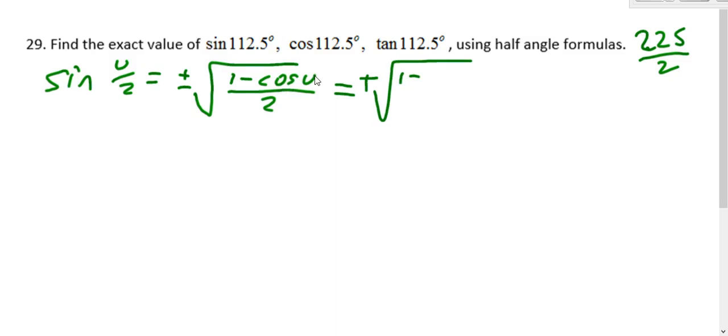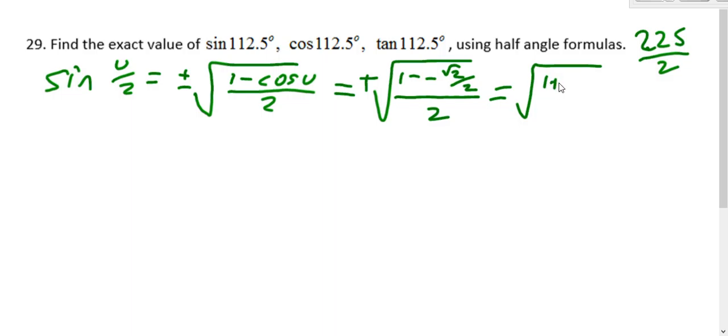And it's 1 minus cosine of 225. So 225 is the 45-degree angle in quadrant 3. So it is negative, and it's the 45-degree angle, so it's square root of 2 over 2. All over 2.